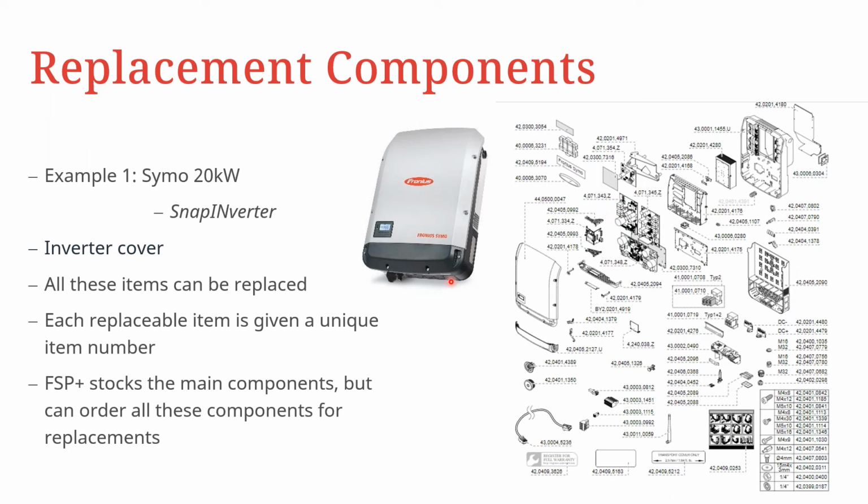All you need to do is, through SOS, detect what the problem is with the inverter. Of course, pull down the inverter, find the faulty component, request an exchange, get the exchange from our service partner, and then carry out the replacement. It's as easy as that.